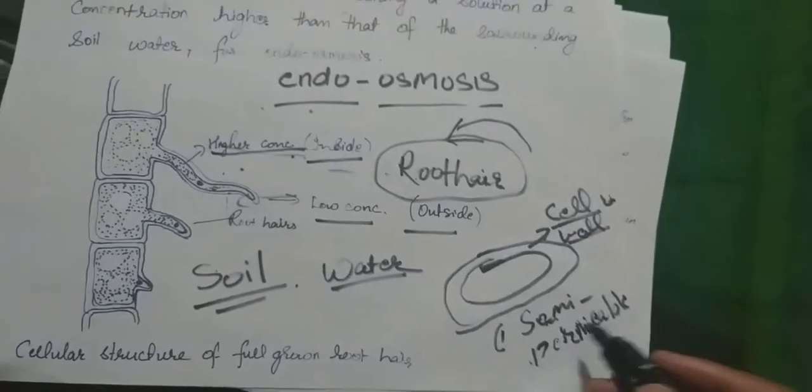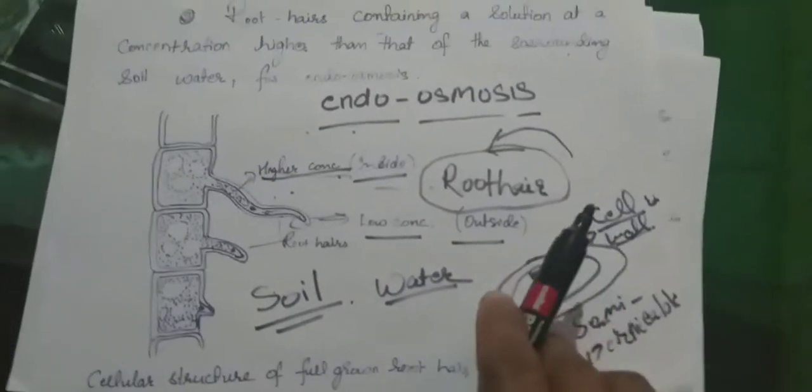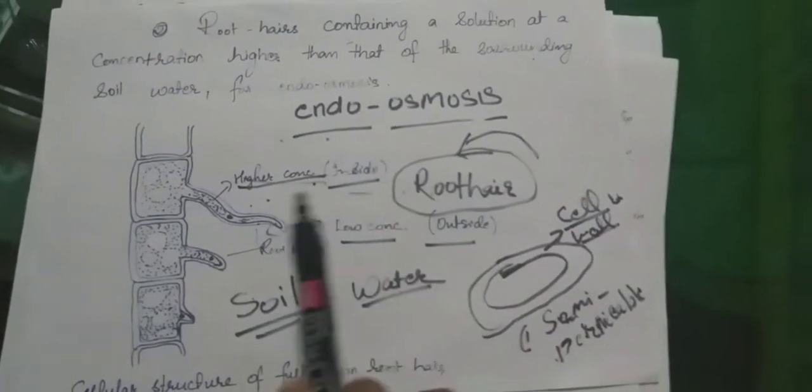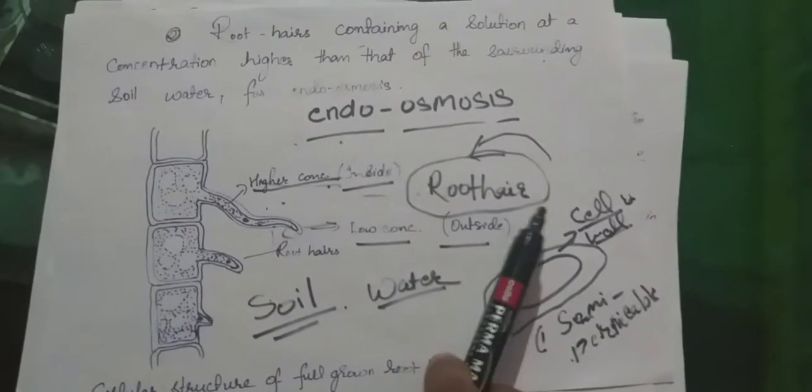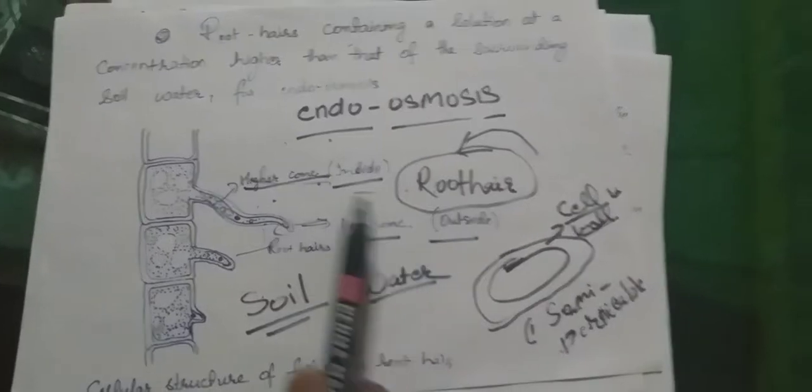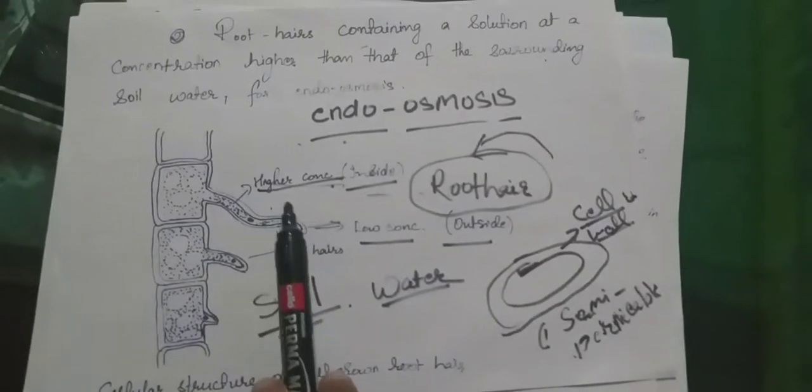So the root hair contains a cell membrane, which is semi permeable in nature, and the water molecule is moving from the region of lower concentration to the higher concentration. This process is known as endosmosis.